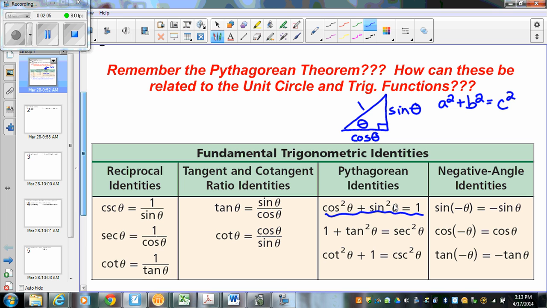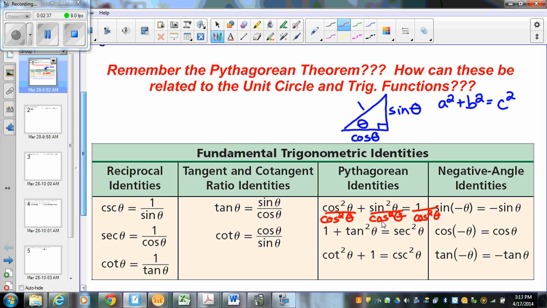That is the most important of the 3 Pythagorean identities. The other two can actually be found with this first one. If I was, for example, to take everything in this first equation and divide it by cosine squared, cosine squared over cosine squared is 1.